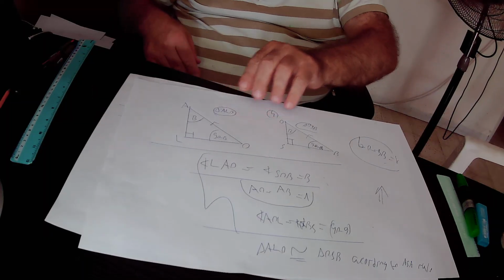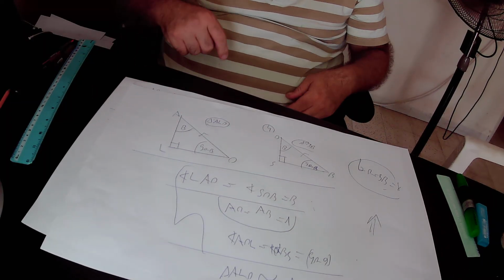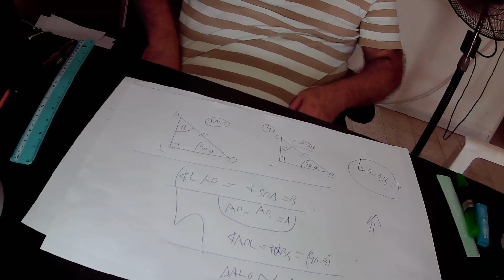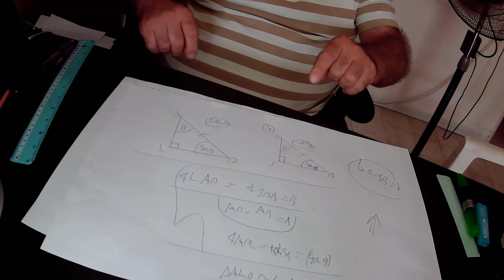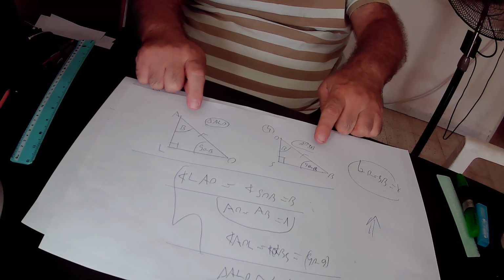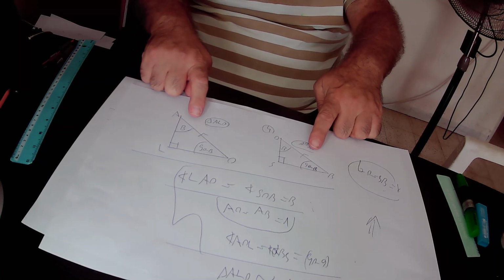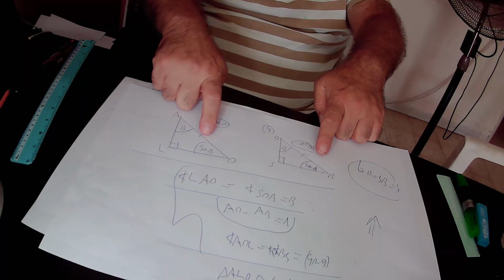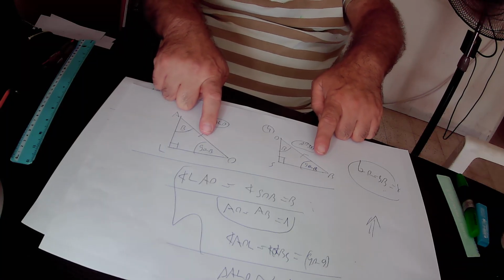So here, those are the two right triangles. First of all, those two angles are both equal to beta and therefore they are equal to each other. In addition, those two sides are both equal to the radius of the circle, R, and therefore they are equal to each other. And finally, those two angles are both equal to 90 degrees, and therefore they are equal to each other.